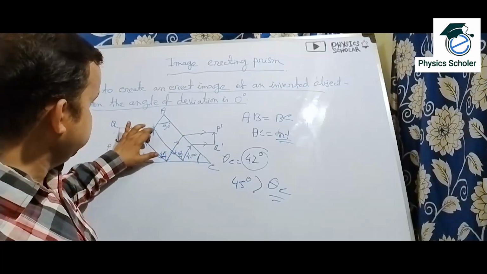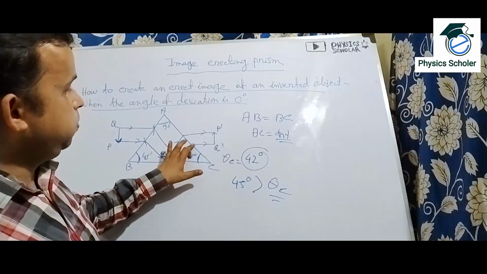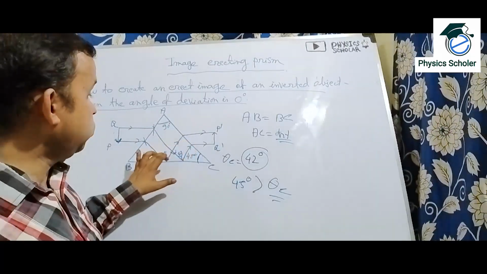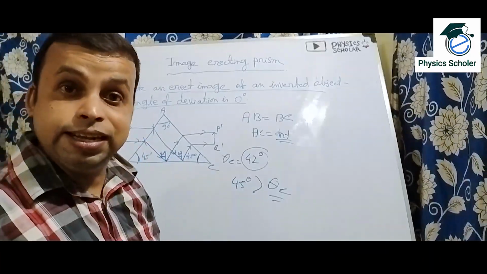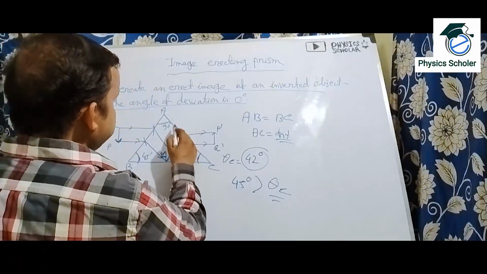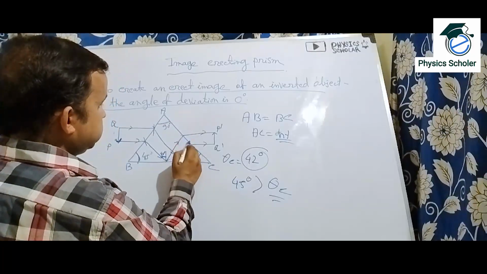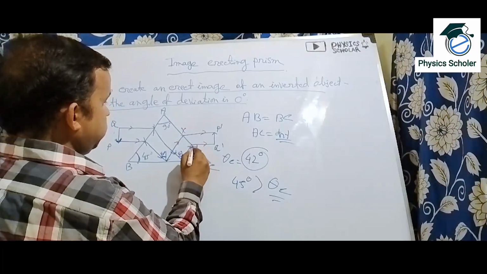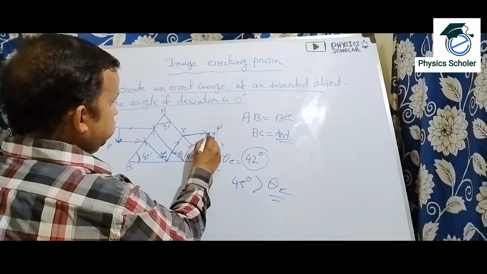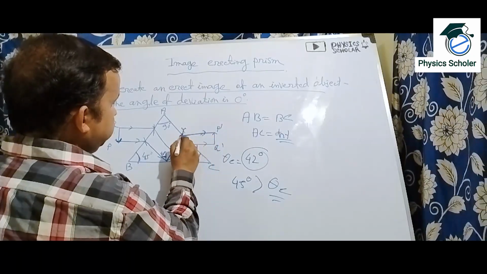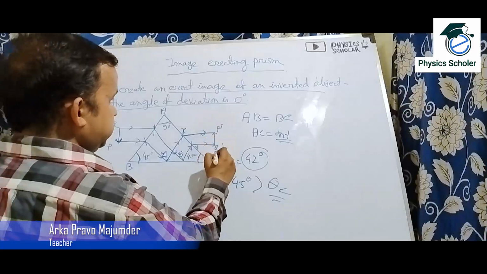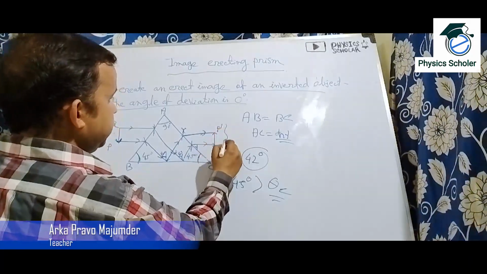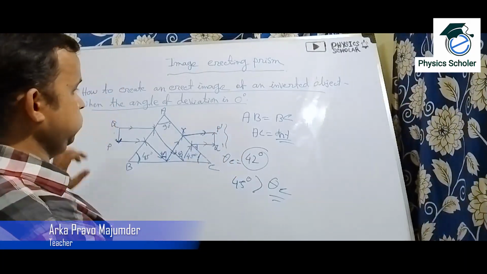This is applicable for this ray also. It will be reflected back inside the prism. That is, total internal reflection will take place as the angle of incidence is greater than the critical angle. Now it will be incident on surface AC at these two points, suppose X and Y, and from there it will move away from the perpendicular. P dash Q dash will be the image of the object PQ.